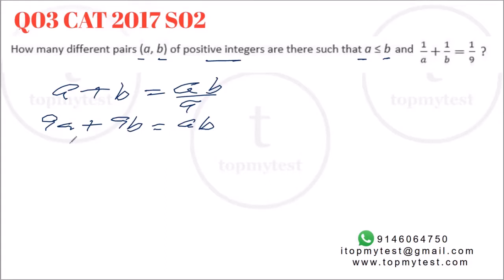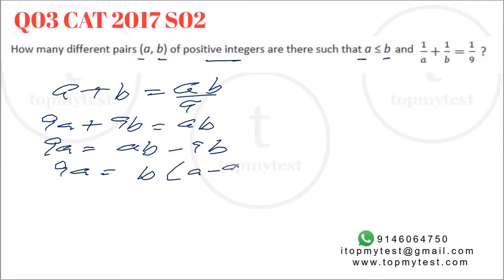So you'll get 9a equals ab minus 9b, so 9a equals b into (a minus 9). Or I can say b is equal to 9a by (a minus 9). Now we need to find an upper bound or a lower bound for a. That will help you out.